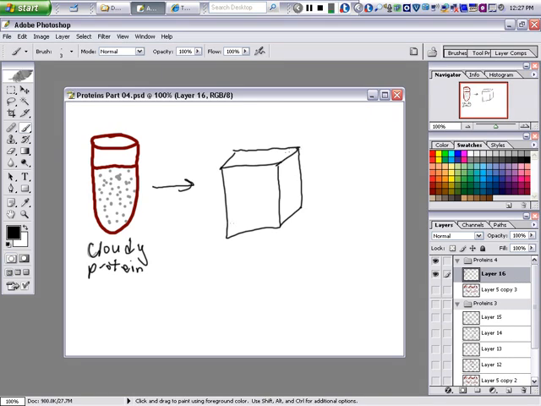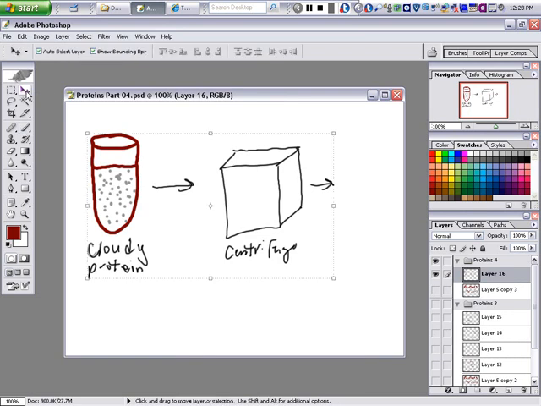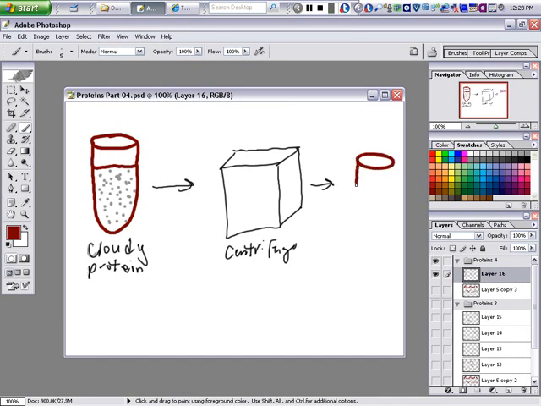You'll take this centrifuge and spin this mixture down. And then all your proteins will go to the bottom.